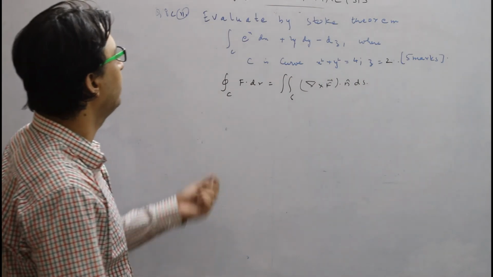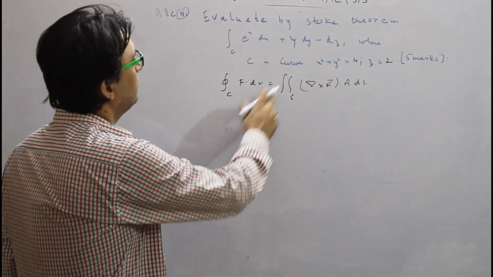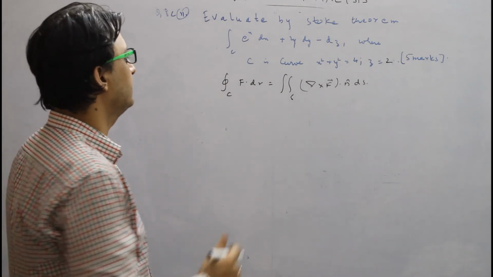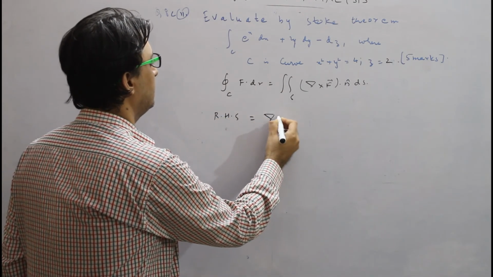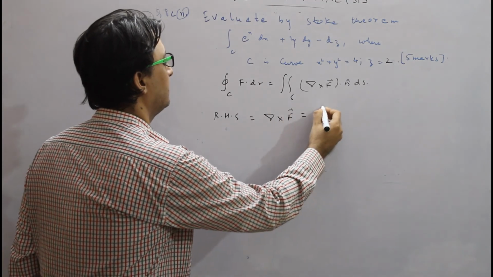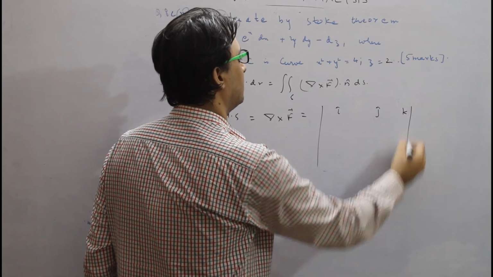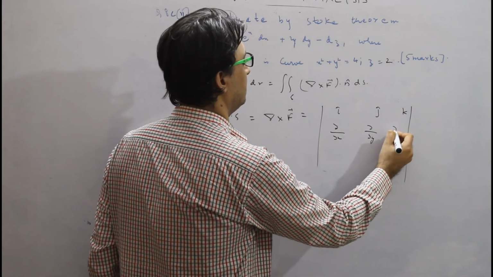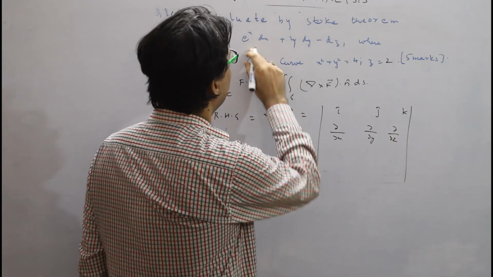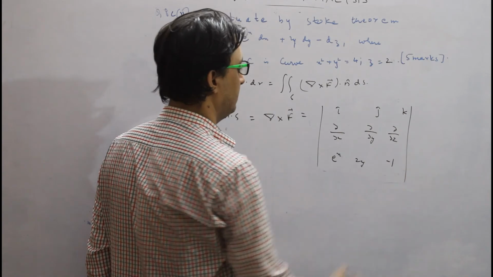Now we have to use this formula. So if I start with the RHS and take the curl of F, this is i, j, k, this is dou by dou x, this is dou by dou y, this is dou by dou z, this is e to the power x, this is 2y, and this is minus 1.